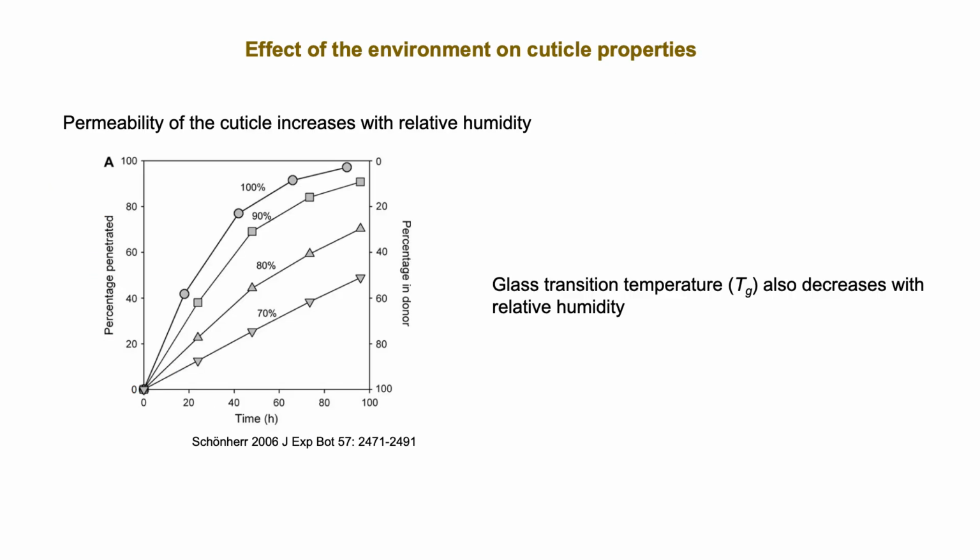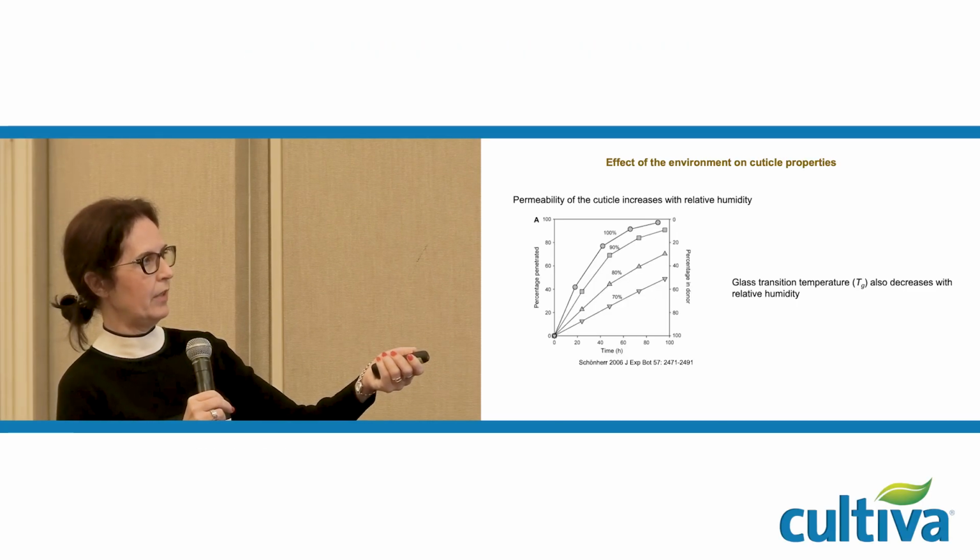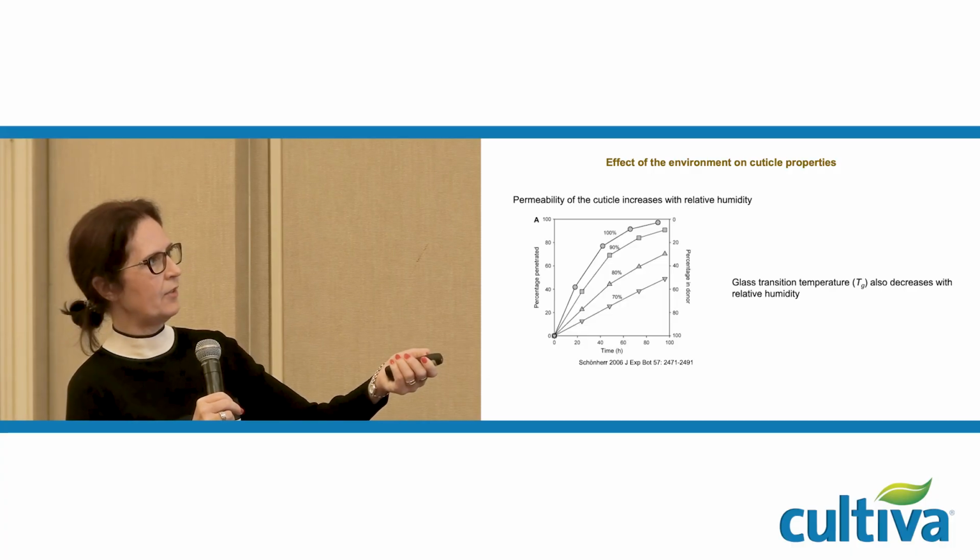But it also increases with relative humidity. Here we see the opposite thing, a movement of water inside, and we realize that at 70% of relative humidity, you have approximately 40% of penetration of a liquid after 100 hours.